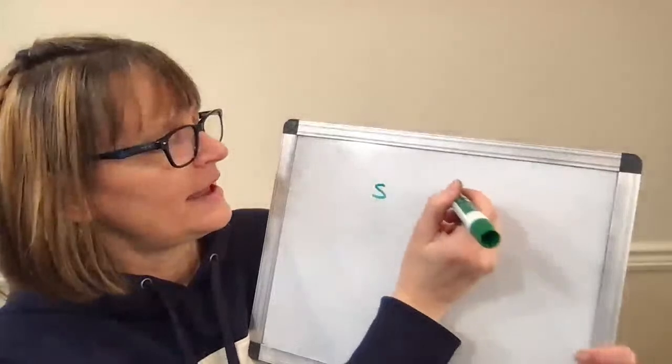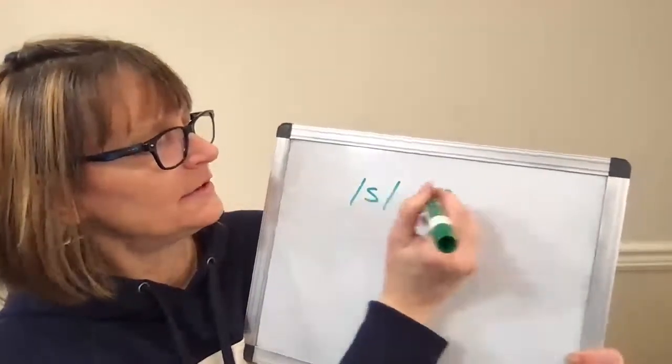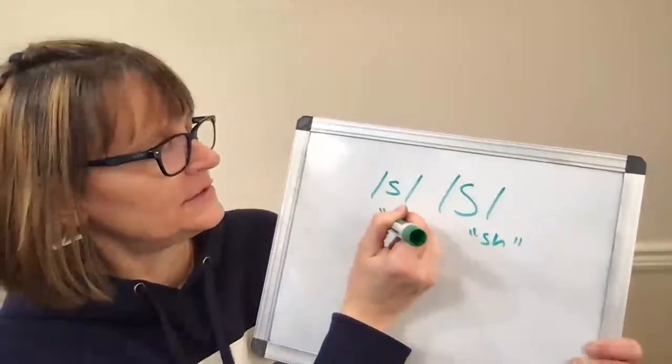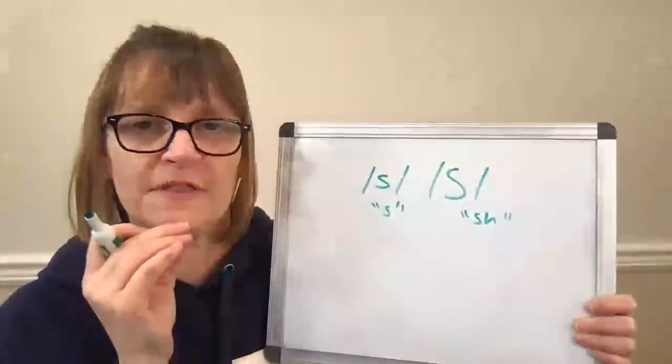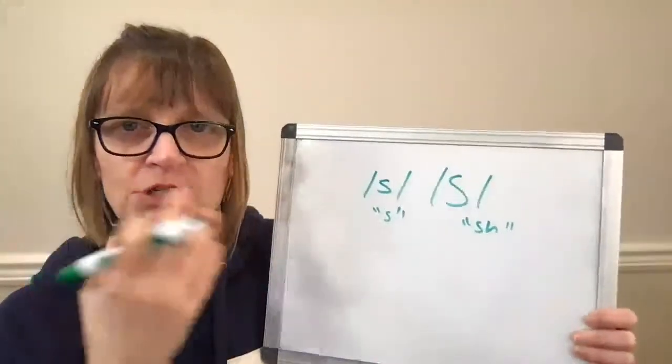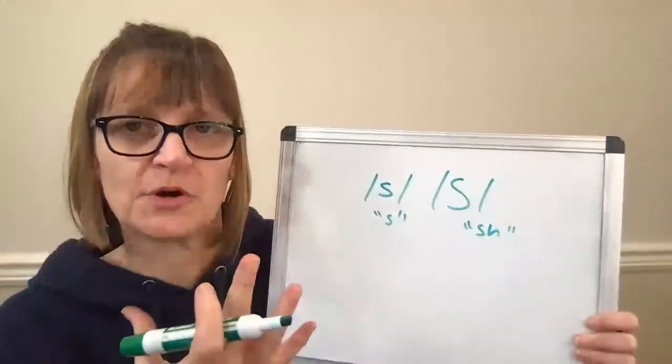For the S and the SH sounds, this one is forward and thin, and this one, the tongue is pulled back, shh, and lips are larger. There's more air escaping.